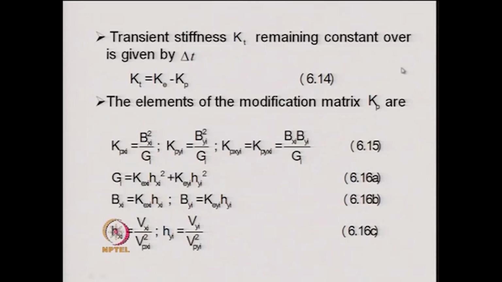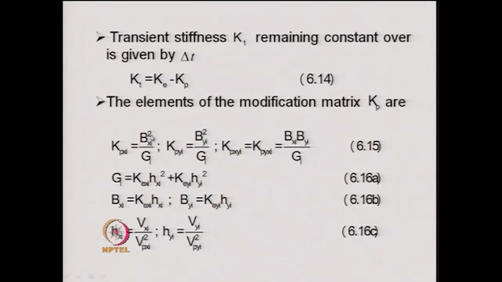At any interval of time delta t, or in the beginning of that time interval, some of the elements might have yielded, and for that we should account for the effect in the stiffness matrix of the system. Thus the Kt matrix is modified, and the modification is represented by this Kp matrix.